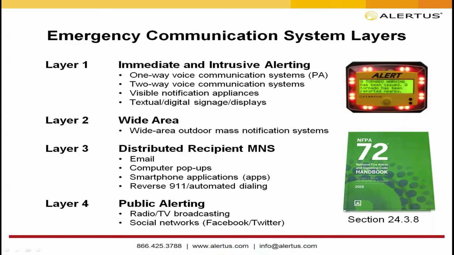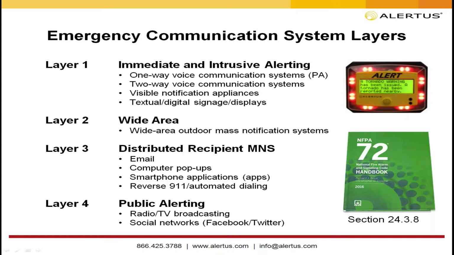And then finally, your layer 4 is your public alerting. Those are radio, TV broadcasting, your Facebook, your Twitter, all of those social networks, your websites, anything else that you might have available out there to alert the public. For all of these layers, NFPA code 72, chapter 24, basically requires that you hit at least 1, but they recommend at minimum 3.